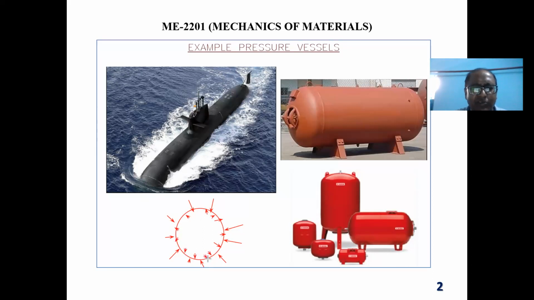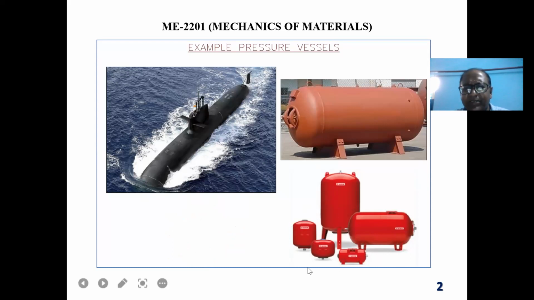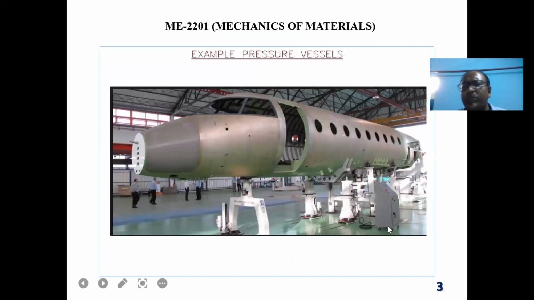You send your soldiers 2 miles below sea level, you have to make sure the submarine will not break down. Similarly, for an industry using a boiler or pressure tank, you need to make sure it will not explode. Similarly, you see a small tank at the bottom of the figure that is used in the house, in the car, and also in restaurants for cooking.